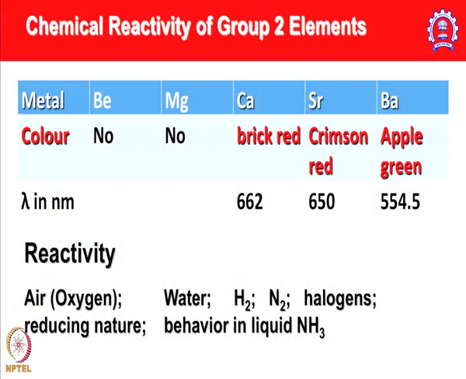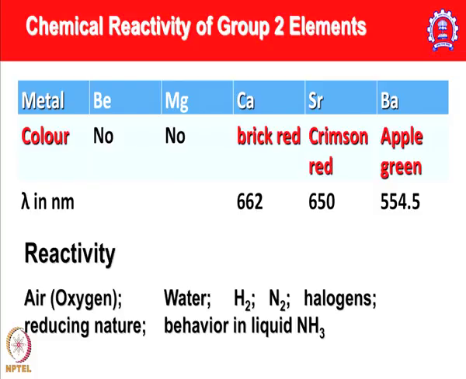And chemical reactivity of group 2 elements can be considered by looking into their interactions with air, that is water, oxygen, hydrogen, nitrogen, halogens, and also their reducing capability, their behavior in liquid ammonia, and also their interaction with organic moieties. And it imparts colors to the oxidizing flame.